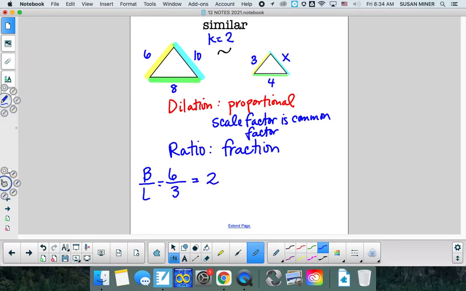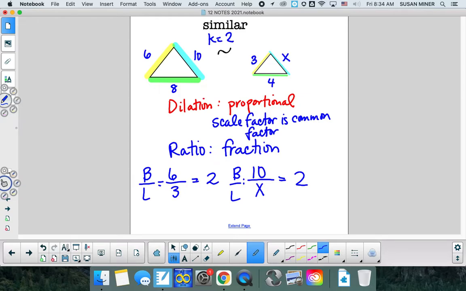And so I can set up this ratio, I can find the scale factor, and then I can say, hey, what would give me that same, if I'm setting up big to little, right? What does X have to be if my scale factor is 2?